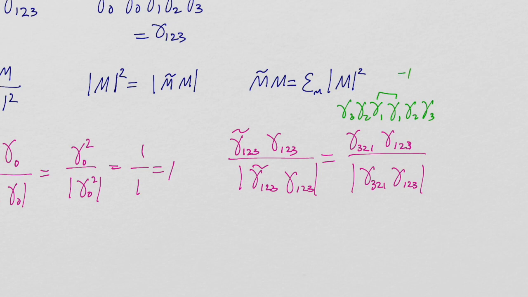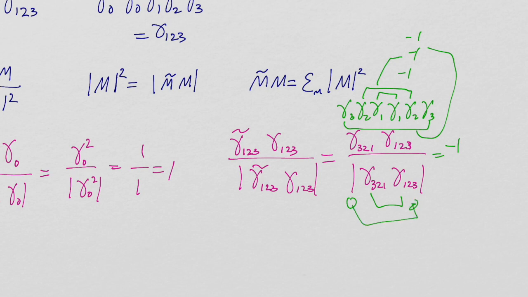That squares to minus 1, then this squares to another minus 1, and then this last one squares to minus 1. That's 3 minus 1s, so that upper product equals minus 1. The lower product's the same thing, but it's squeezed in these absolute value signs, so the lower product is 1, so the signature of gamma 1, 2, 3 is equal to -1.